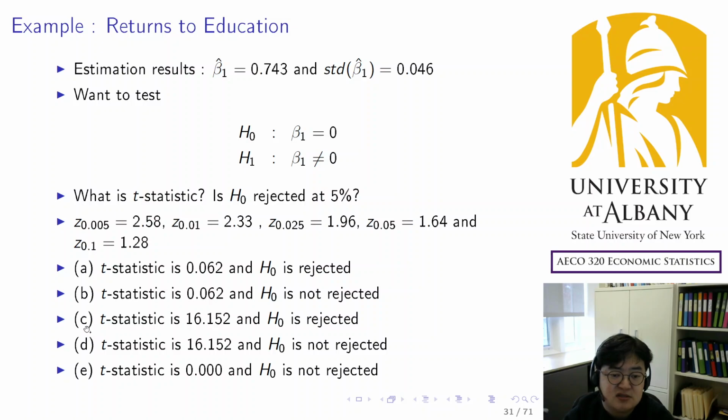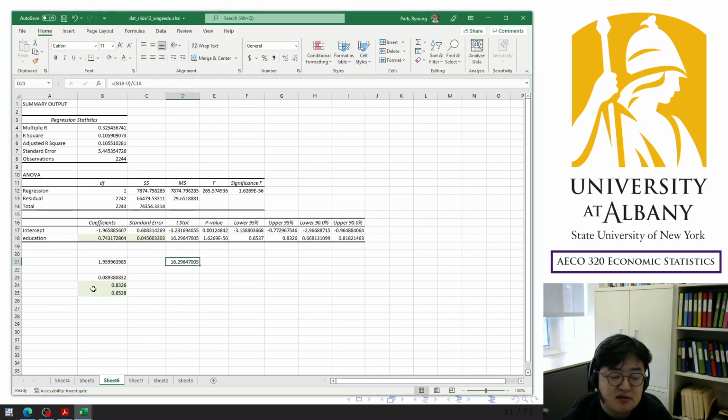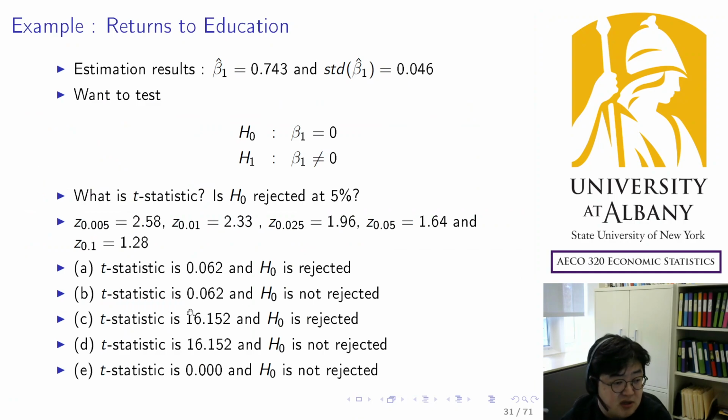So the answer is C. By the way, the number is different here because I used those approximate numbers, rounded at the third decimal place. If you do not round, the rounding error is quite huge. So the difference is coming from the rounding error. Please understand.